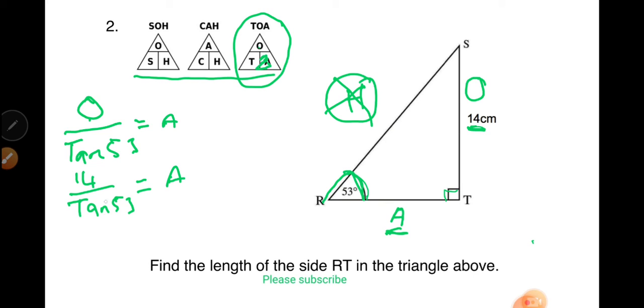Now if you do 14 divided by tan 53 on your calculator, you'll see it's 10.55. So this length here is actually 10.55 centimeters. So the adjacent there is equal to 10.55 centimeters.